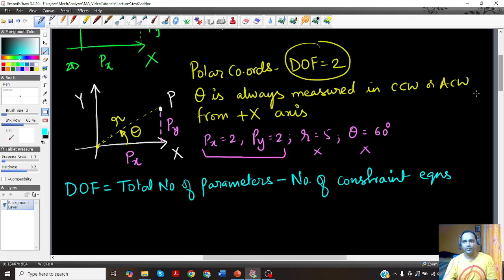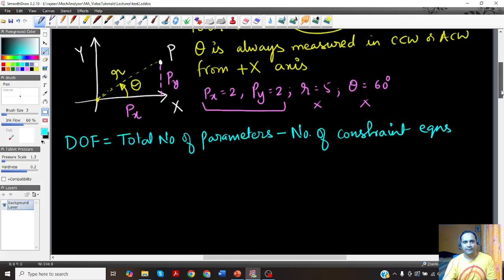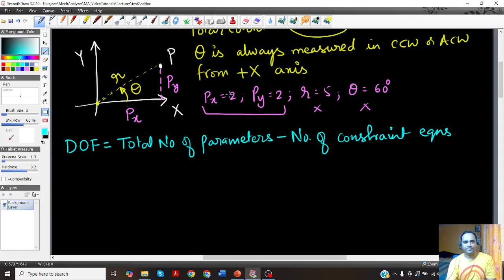Okay, what do we mean by this? Let's say this system itself. So what is the total number of parameters? There are 4 parameters.